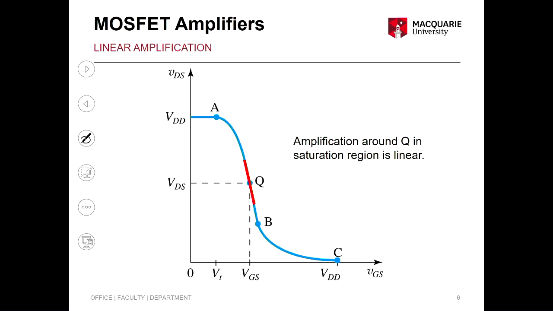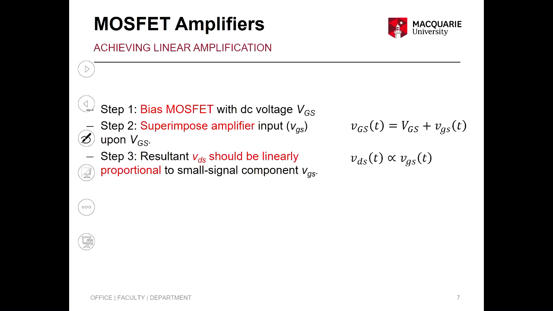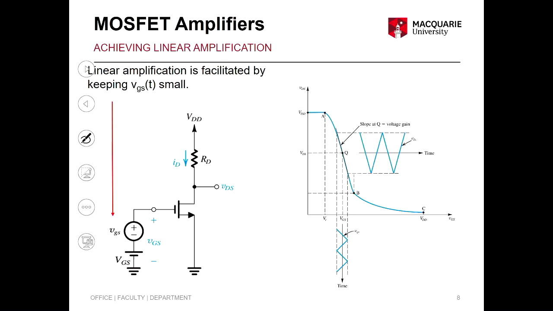Okay, so this one I already talked about. Now, this is what I was talking about before. So you have the gate source fixed voltage, then you give a varying voltage.